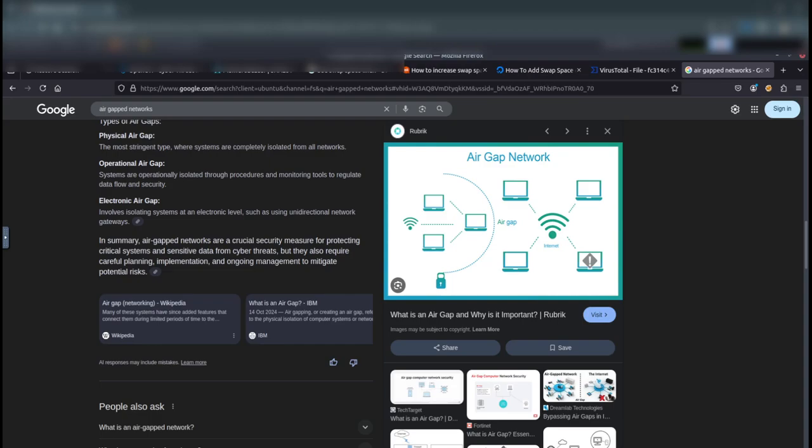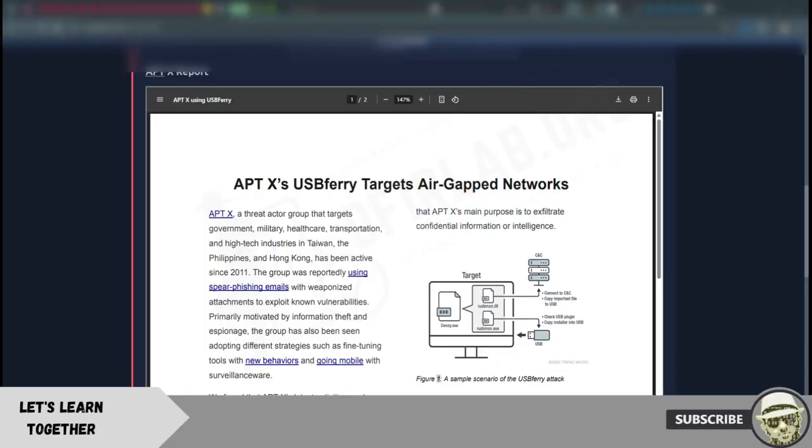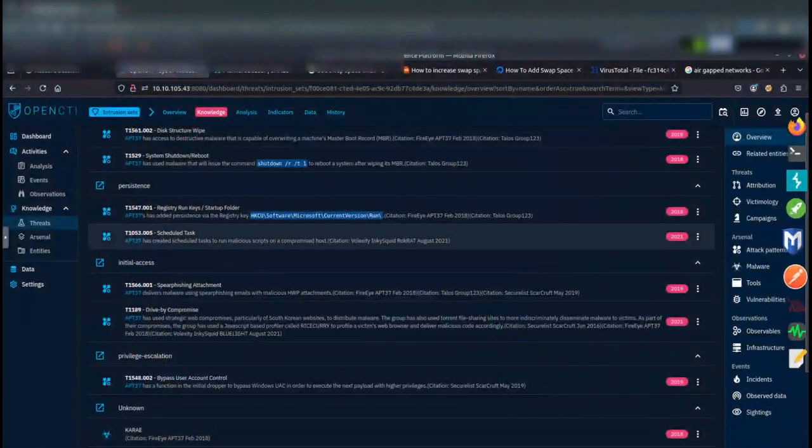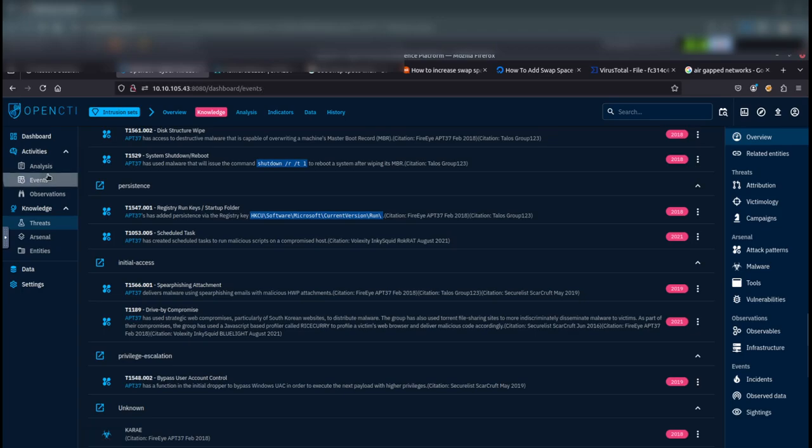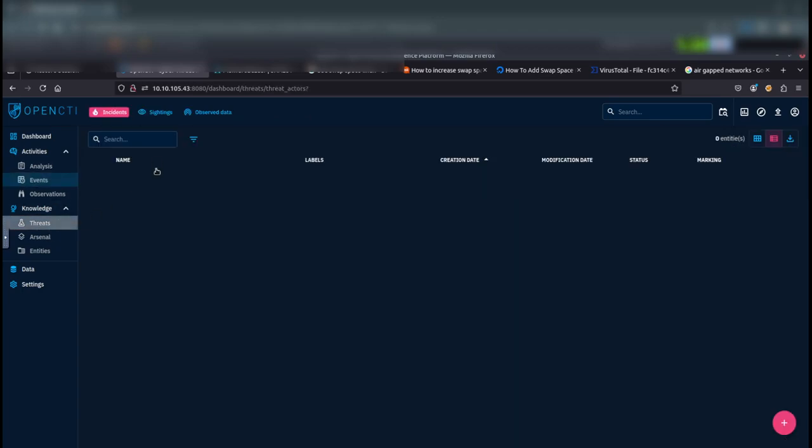So basically, I'm going to search for this USB threat targeting air-gapped networks. Let me real quick switch to the log of threats.